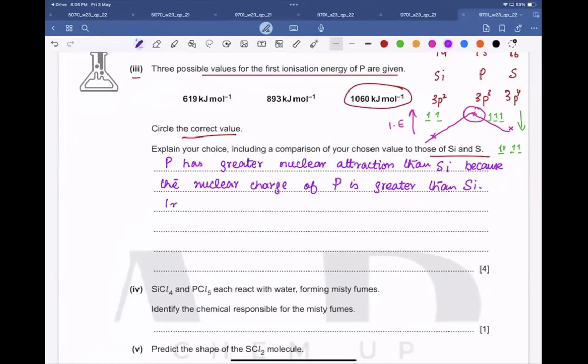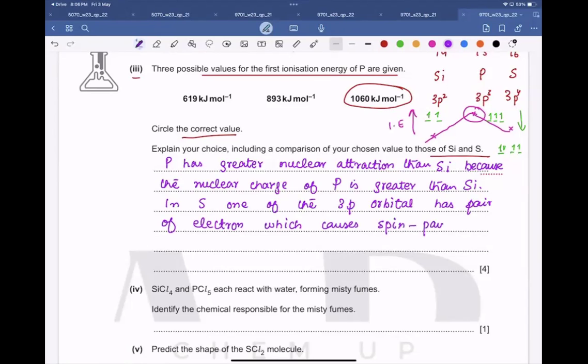So in sulfur, one of the 3p orbitals has a pair of electrons, which causes spin pair repulsion.